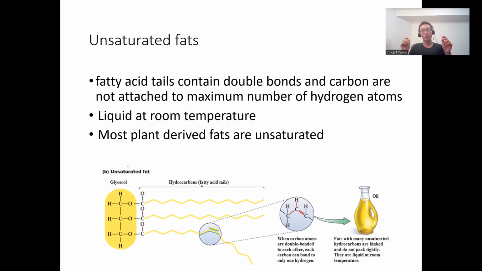Unsaturated fat, on the other hand, has at least one of the fatty acid tails that has a double bond in it. Now you will learn more about double bonds in chemistry. I don't want to get too complicated here. So let's go back here.